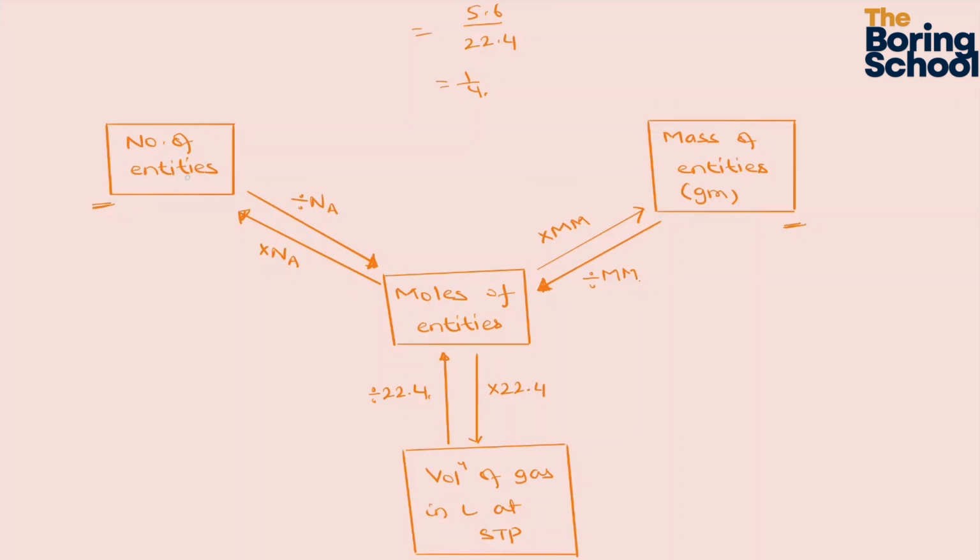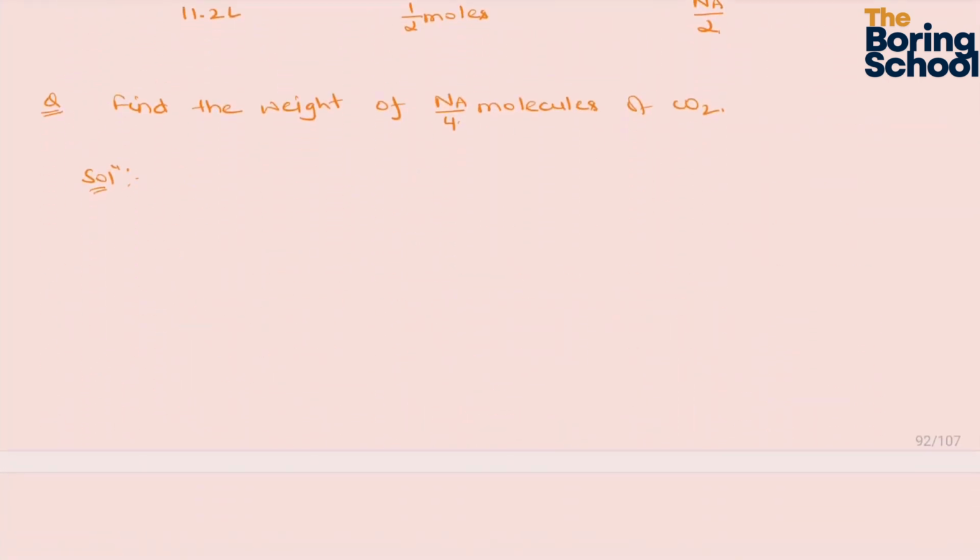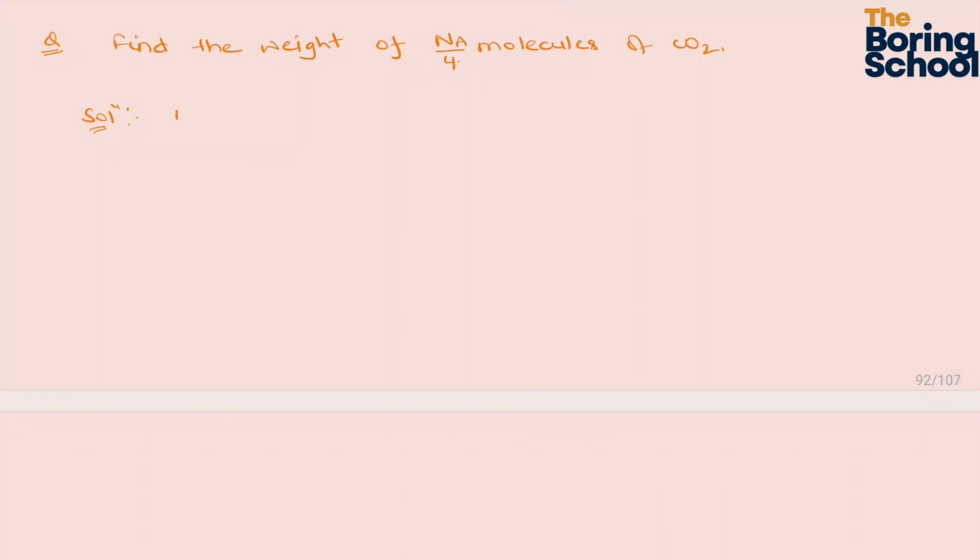From number of entities, you have to find the moles of entities first, and then from moles of entities we can find mass of entities. So they have given number of CO2 molecules. From this we can find moles of CO2, and from moles of CO2 we can find weight of CO2. Chalo, let's try this question.